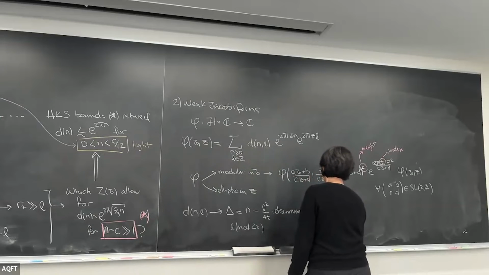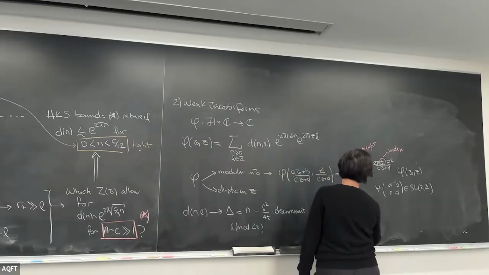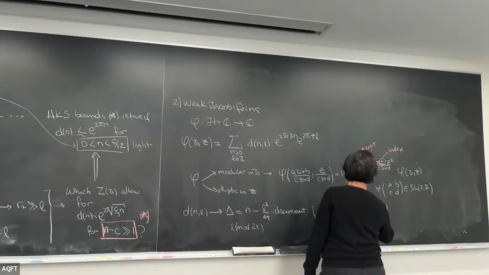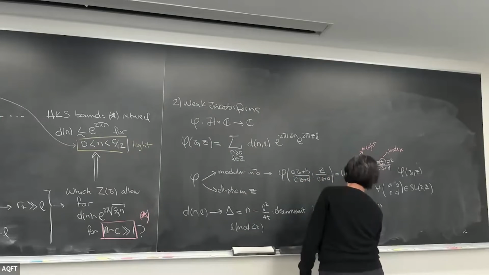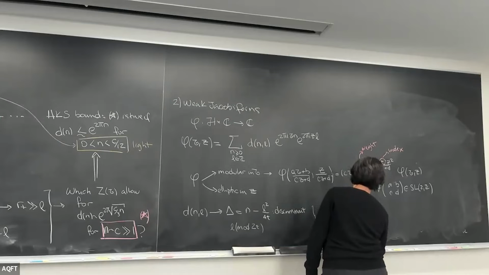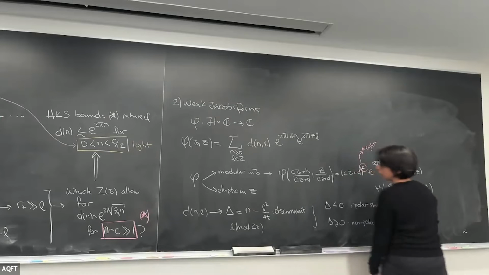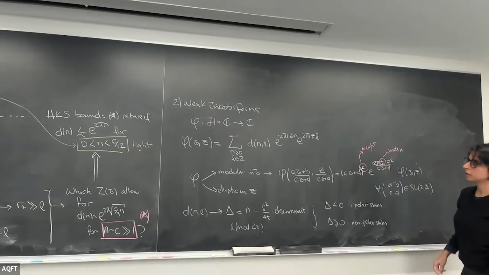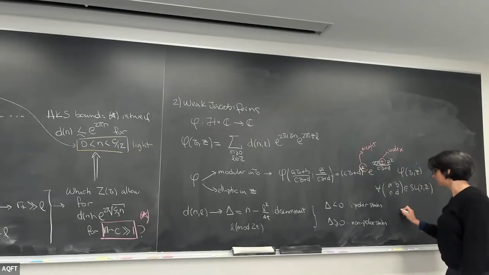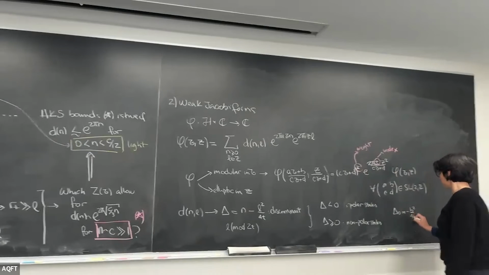But this allows me to differentiate between two classes of states. The two classes of states that I'll have are cases where delta is negative, which we will call polar states, and cases where delta is positive, or non-polar states. And then the other characteristic of these weak Jacobi forms is that there's going to be one state that I'll call delta 0, and I'll write it as minus b squared over 4T.